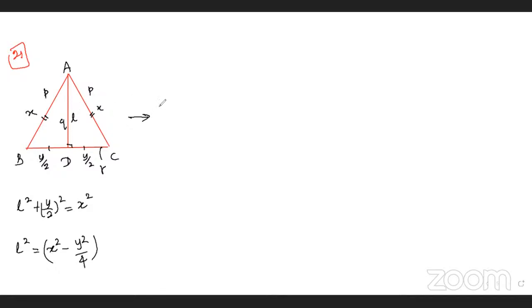Let's say after expansion this length AD becomes L dash, with x dash and y dash.